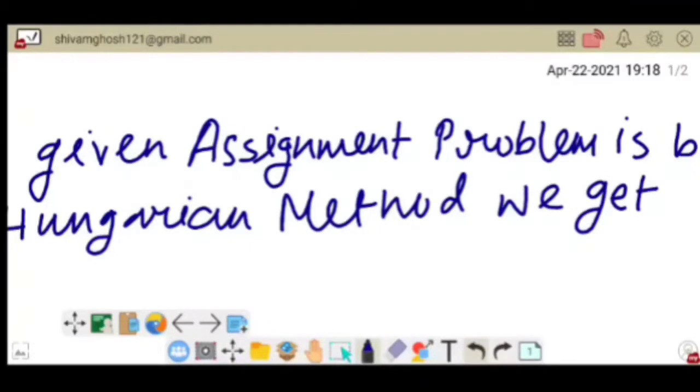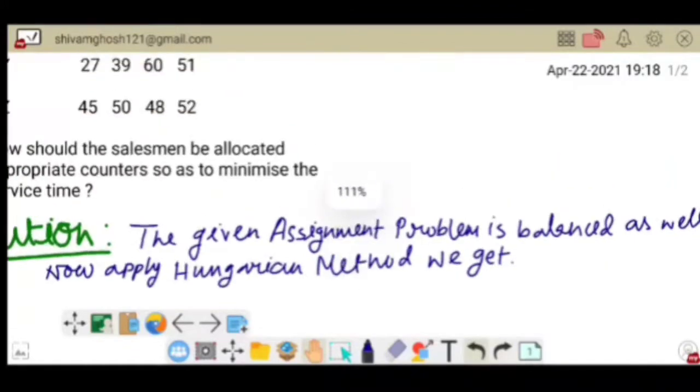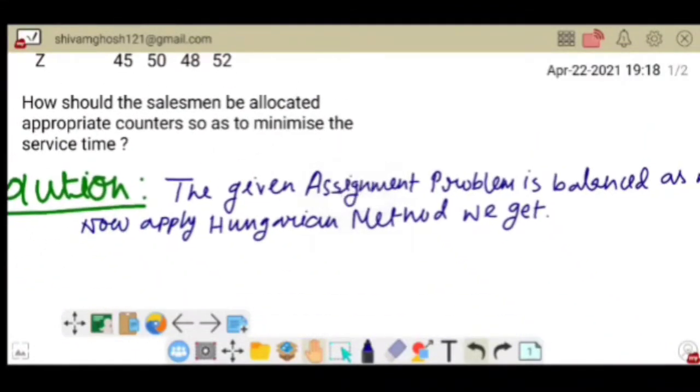So at first, in our problem, you can see now we will draw the matrix here, and then we will solve it. At first we will draw the matrix, then we will solve it.